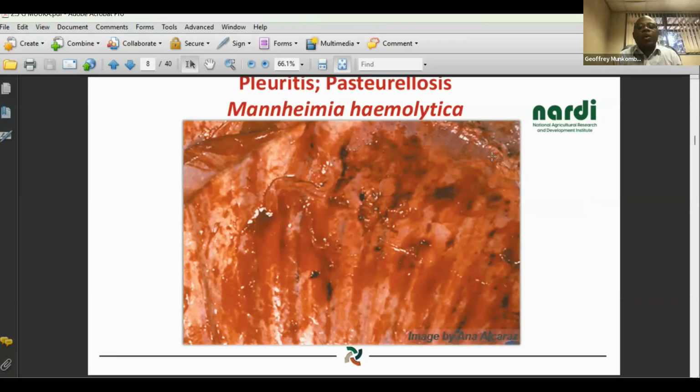You will take interest that you don't see the adhesions that were there in the previous slide, and the colorings are usually quite different. Therefore you can find these lesions in all conditions in the chest cavity.